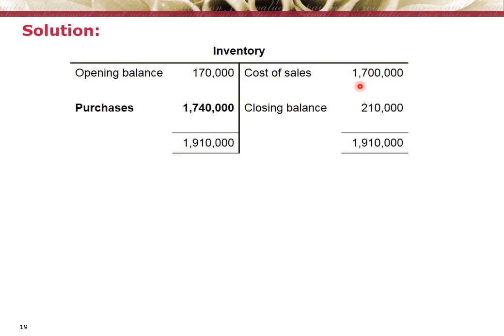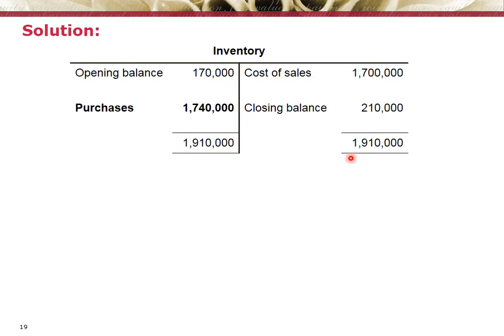From that we can calculate the total, which is $1.91 million. So we've done steps 1, 2, 3, 4. The fifth step would be to write the total here, which is 1.91 million again, and the difference between the opening balance and the total is $1.74 million purchases.